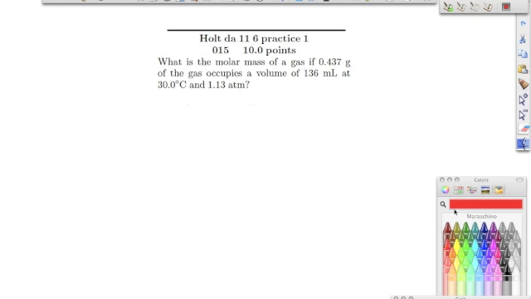Okay, moving on to number 15. It says, what is the molar mass of a gas if 0.437 grams of the gas occupies a volume of 136 milliliters at 30 degrees Celsius and 1.13 atmospheres?